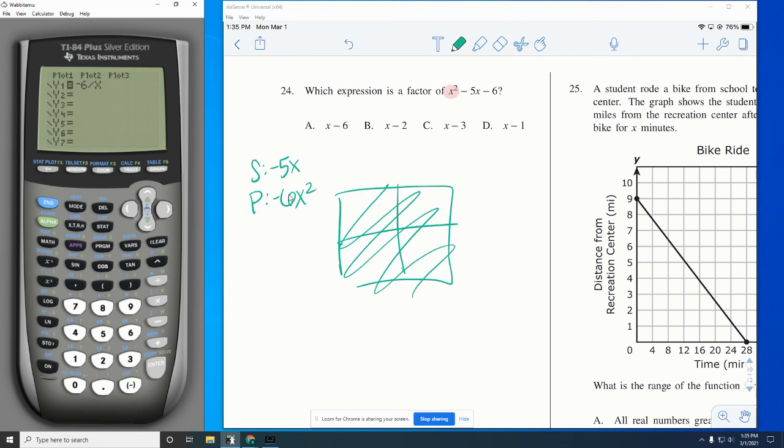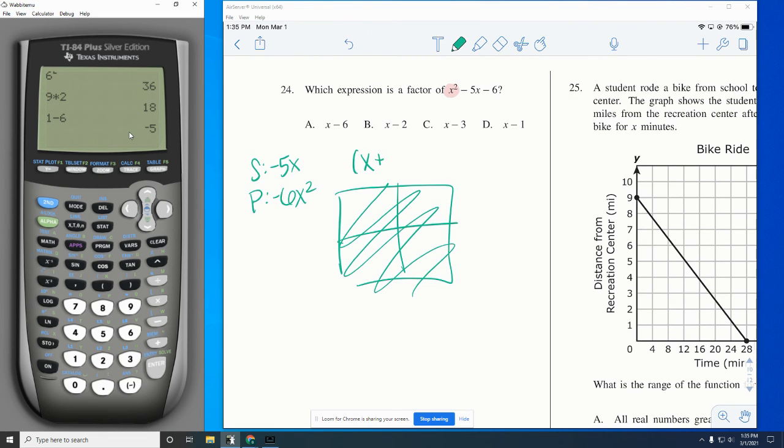So negative 6 divided by x. I go to the table and I search for that sum of negative 5. So 1 minus 6 would give me negative 5. So that means my factors are going to be 1 and a minus 6. And the only one that matches is answer choice A.